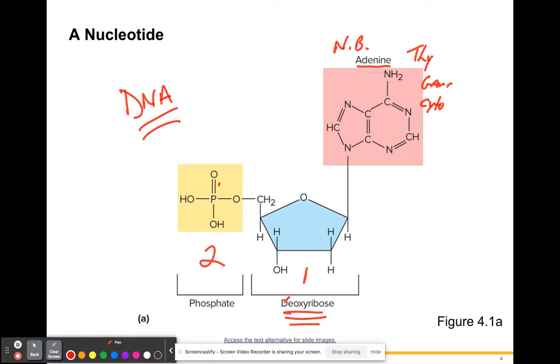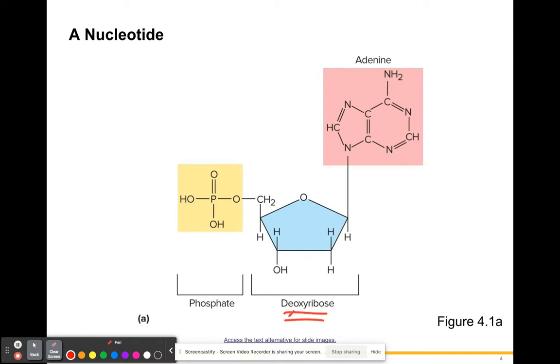If this was ribose and not deoxyribose, this could be adenine, guanine, cytosine, or uracil. But it's deoxyribose, which means this is DNA, which means this can only be A, T, G, or C. That is the structure of a nucleotide.